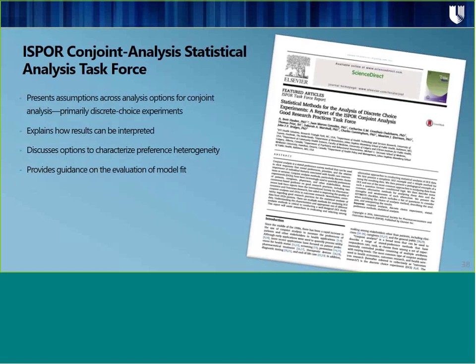It explains how the results in these models or these methods can be interpreted. How do you characterize heterogeneity of preferences, and it also provides a guide to evaluate model fit as you're trying to see or test different specifications of things like risk, as Reed mentioned earlier, where you can assume that risk has different functional forms, and you will need to evaluate how do you know which functional form is most appropriate.